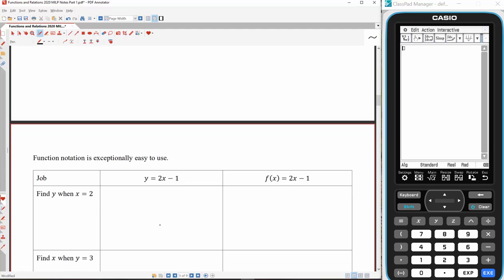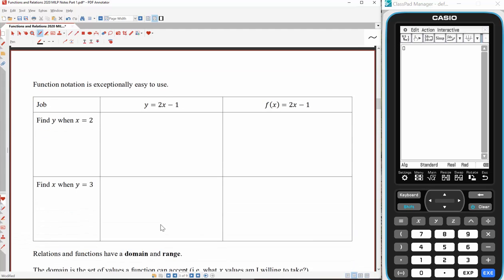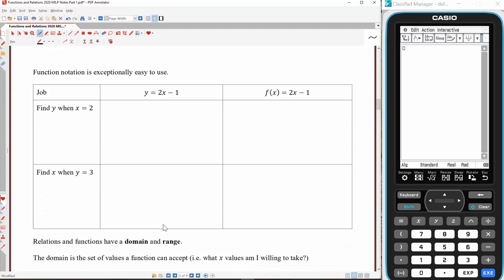Now again, you might think, well, I was pretty happy with the original notation. All it does is it looks more complicated. But function notation is exceptionally easy to use, and it's slick, it's pretty, it's aesthetically beautiful. All right, maybe beautiful is going a bit too far, but I'll try to show you the difference.